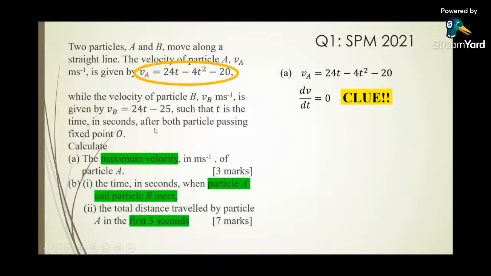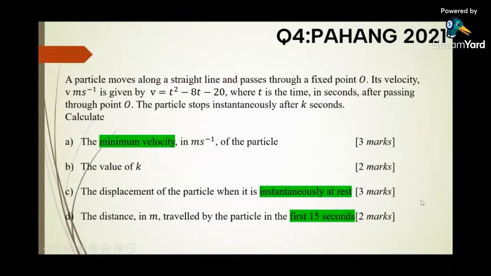I'll highlight here, now I'll try to highlight. Okay, let's see Pahang. So for Pahang, the given is function V. Most of it is V, if we look at the partial. And then we have the minimum velocity, it's back now. And then we have the value of K. Where is K?